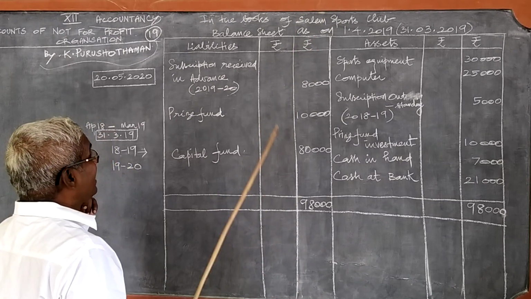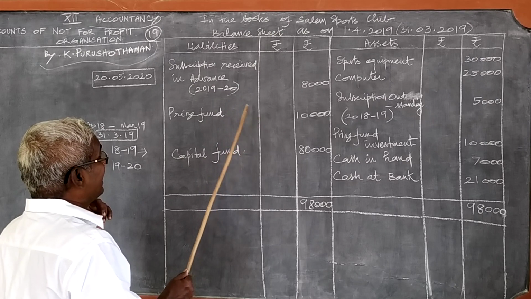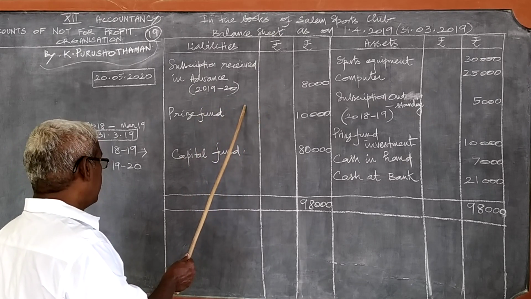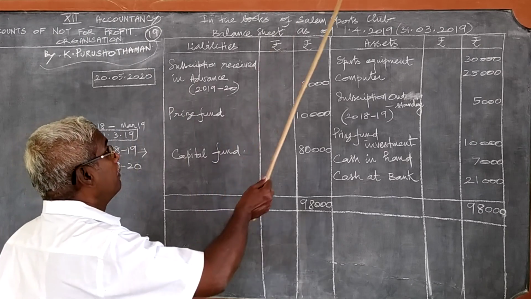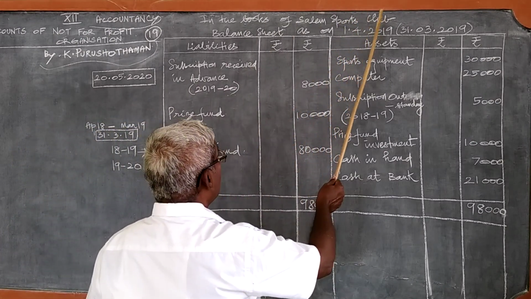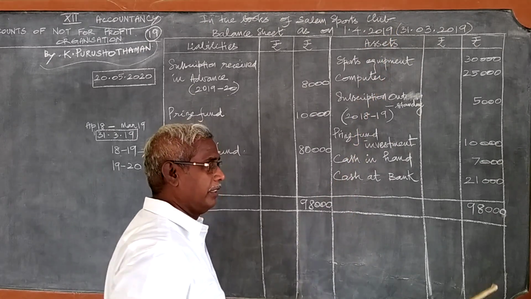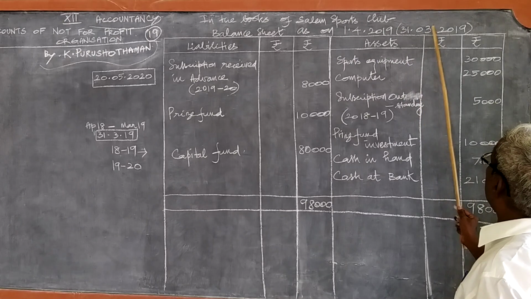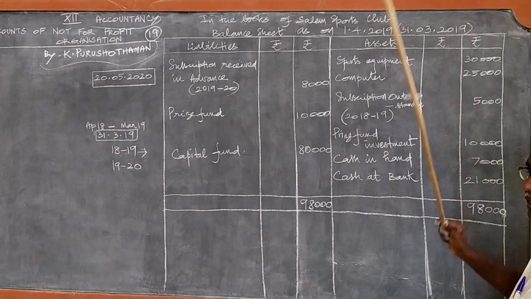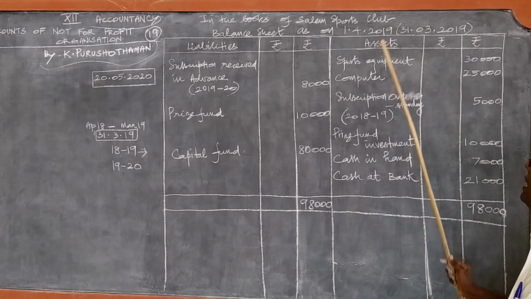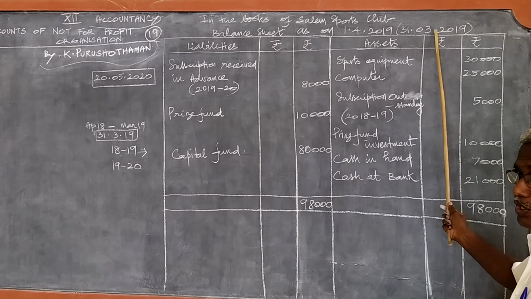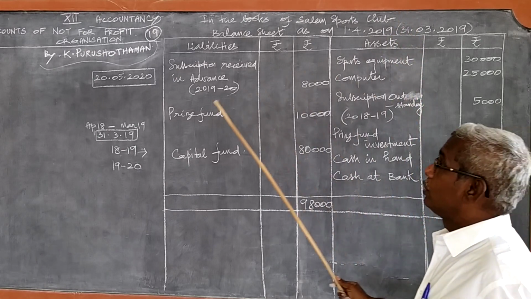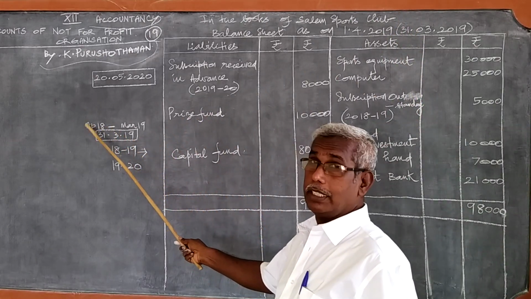Okay, we have written subscription received in 2019-20. It is the accounting year and we are preparing the balance sheet as on 1/4/2019. This 1/4/2019 is nothing but 31/3/2019. So the accounting year ends in March and should have begun in April 2018.